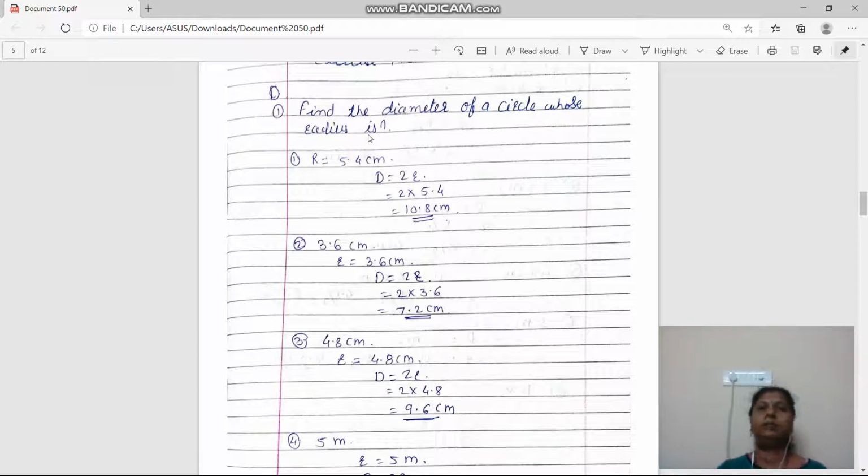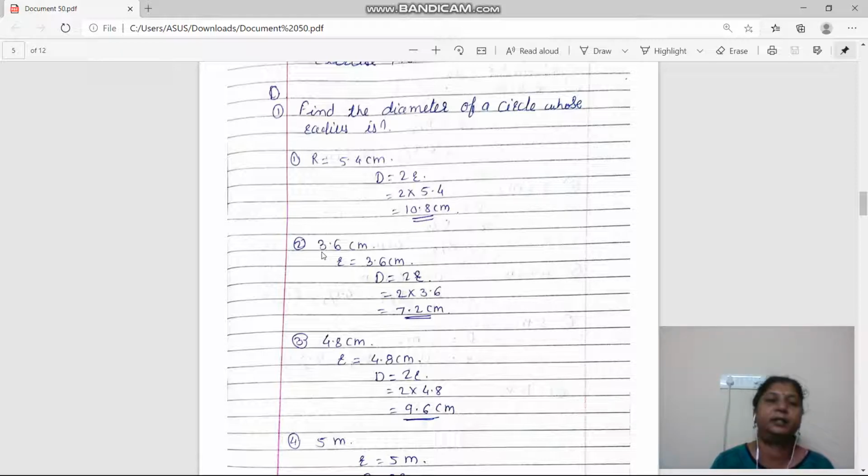One statement we read two minutes ago: radius is half of diameter. Otherwise, we can say diameter is double the radius, right? So what is the radius given here? 5.4. So diameter is equal to 2 into r, that is 2 multiplied by 5.4. So it is 10.8 centimeter.